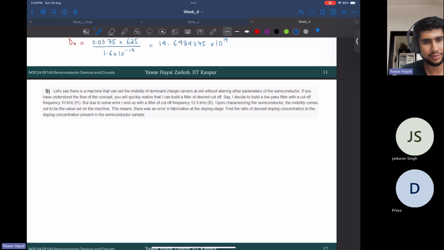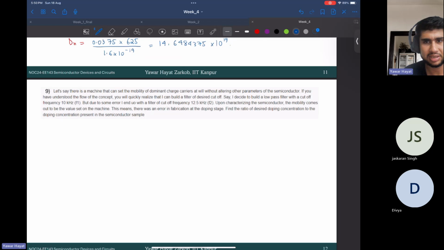If you have understood the flow of the concept, you will quickly realize that I can build a filter of the desired cutoff. Say I now decide to build a low pass filter with cutoff frequency 10 kilohertz, but due to some error, I end up with a filter of cutoff frequency 12.5 kilohertz.